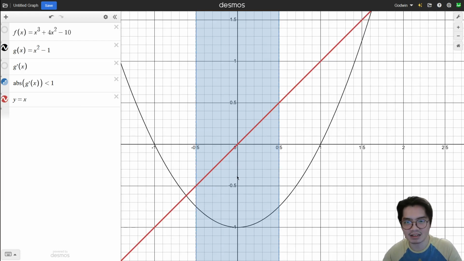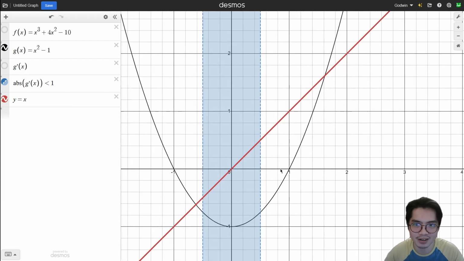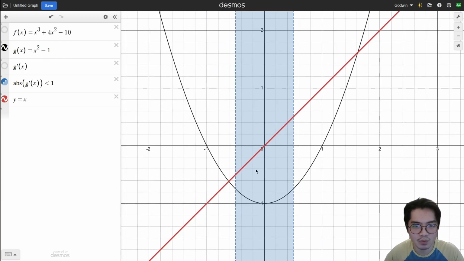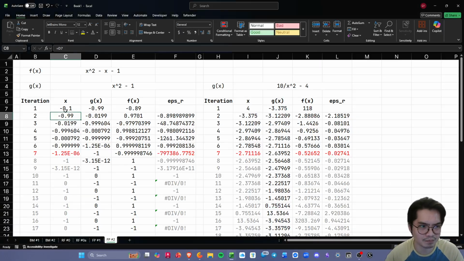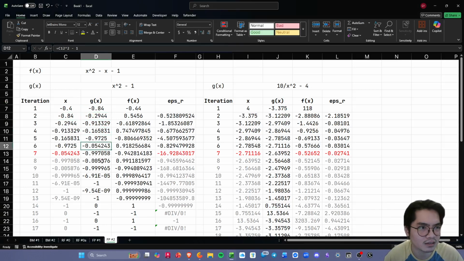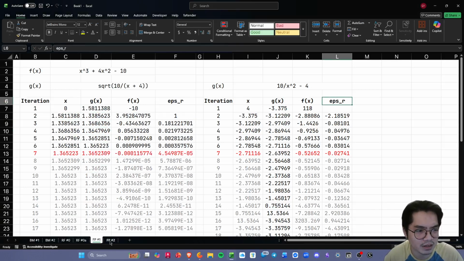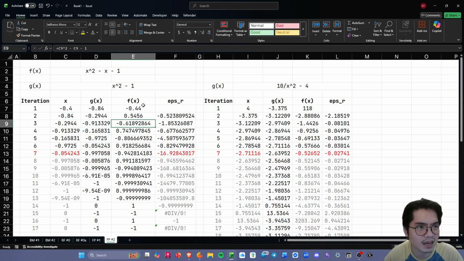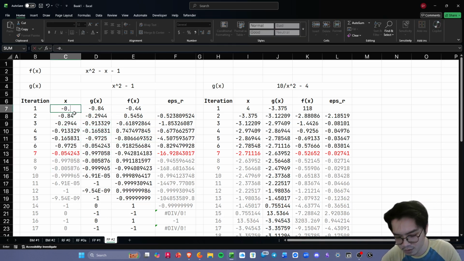It appears that this is not the way forward, right? What about negative 0.4 maybe? Oh, wait a second. I put everything in here. I applied everything. So it seems it's not working. Or 0.6.